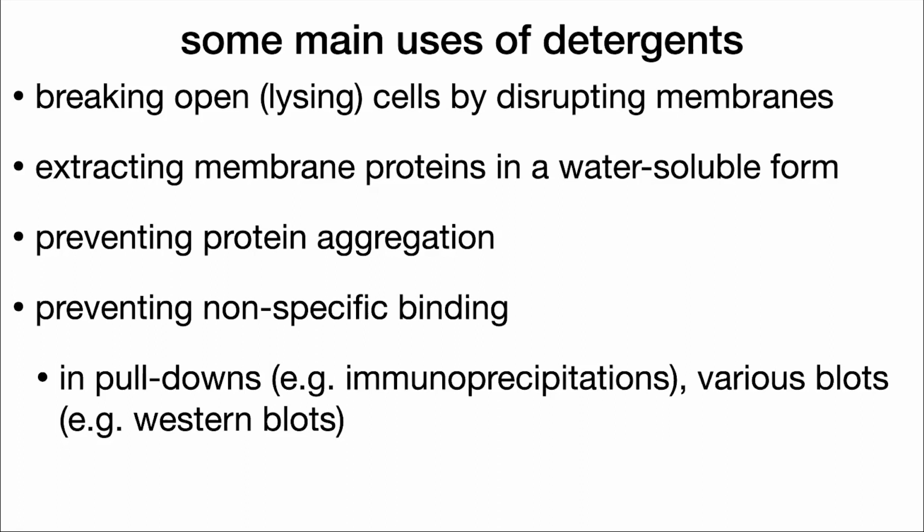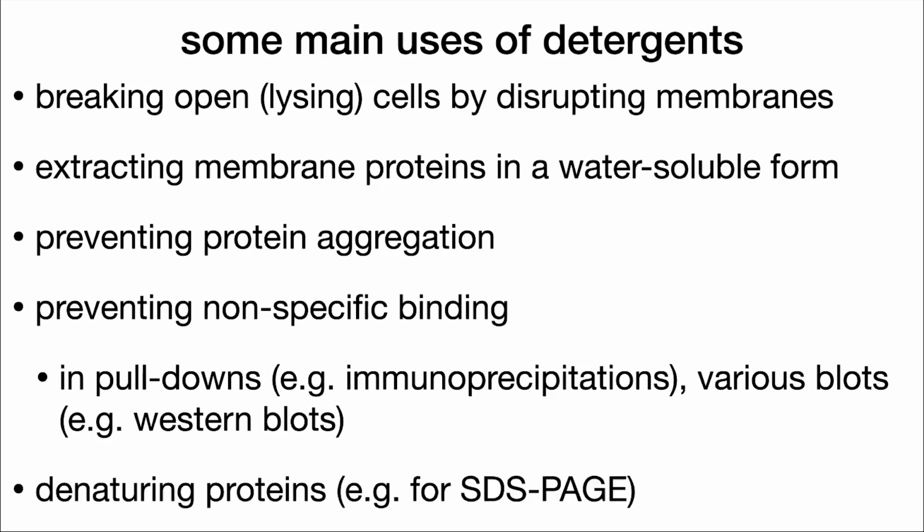This would be done in a pull down, so when we're doing things like immunoprecipitations, I'll get more into some of this stuff in a minute. Also various blots, Western blots, etc., when we want to prevent non-specific binding.